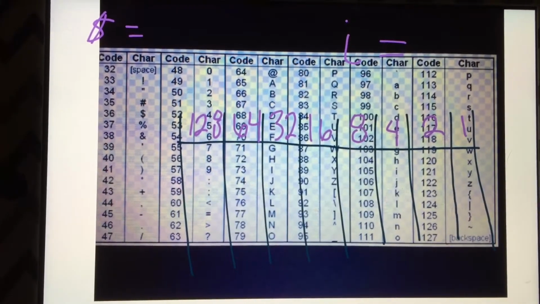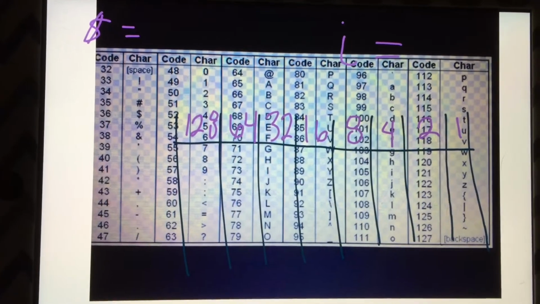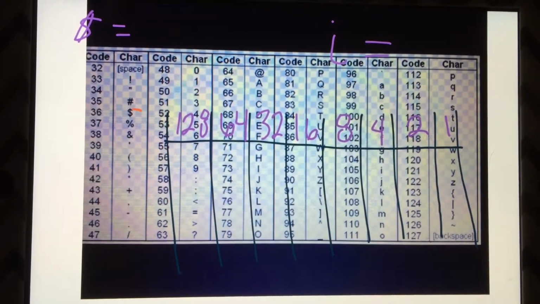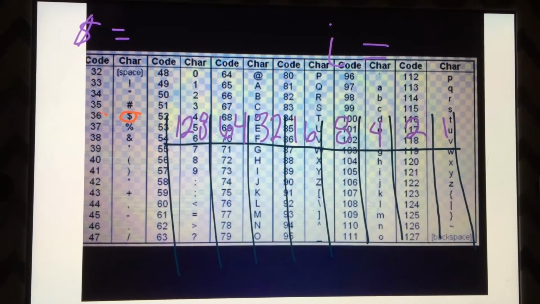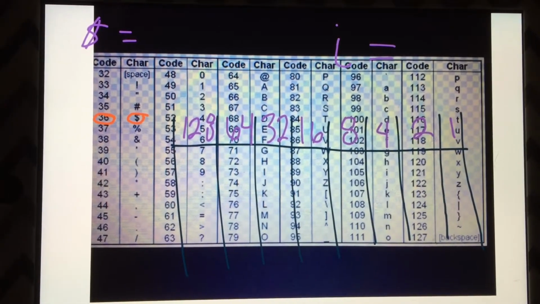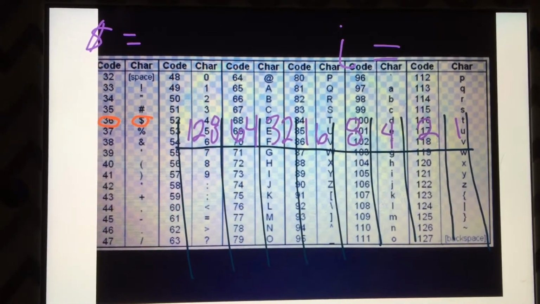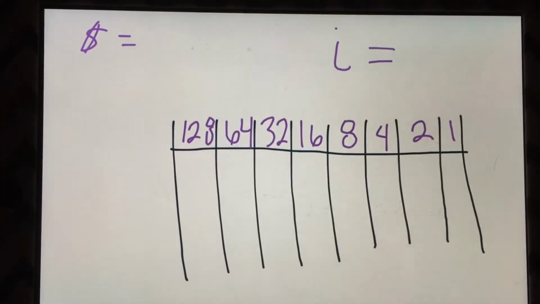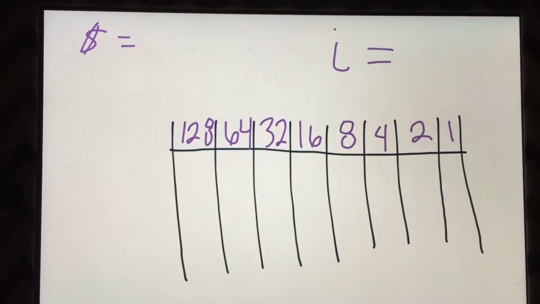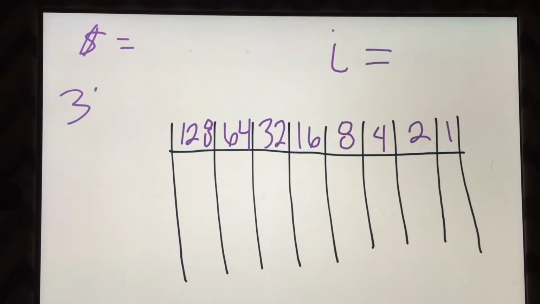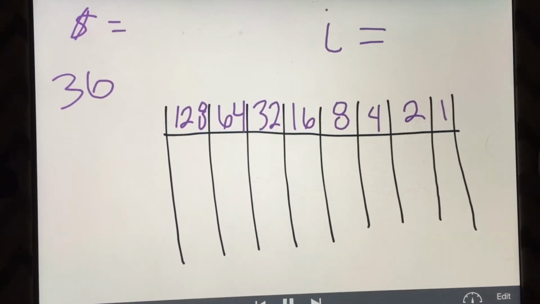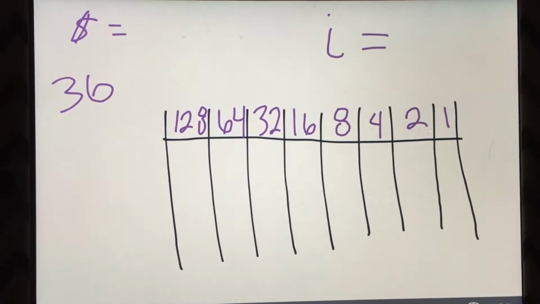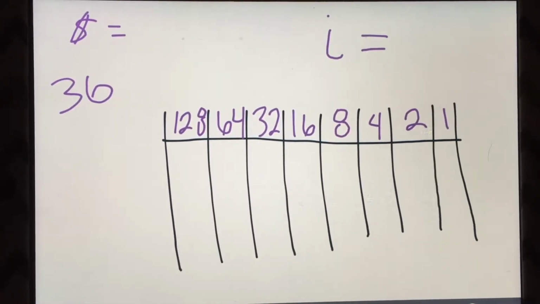If you look at the ASCII sheet and find the money symbol, you need to find what the decimal is. The decimal is 36. So we are going to write 36 down in the corner. Now, to figure out the 8 bits of binary code, we need to start from left to right.